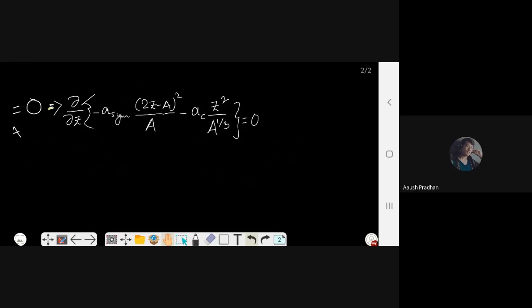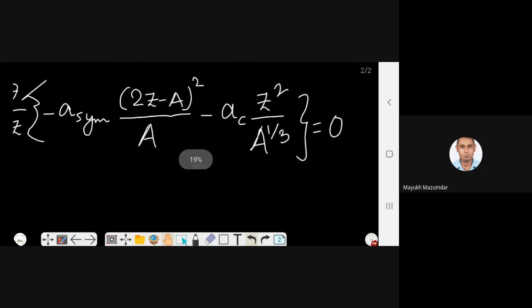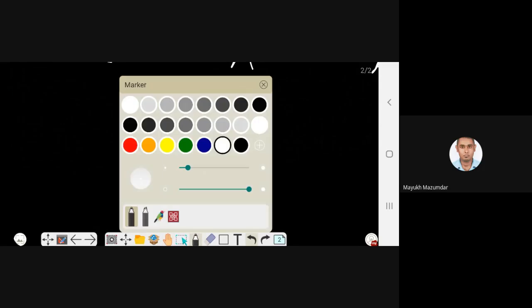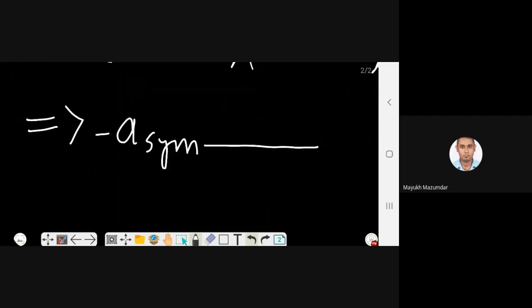Yes, sir. Now it's a bit cumbersome because there are many other factors which you can't simply put to zero. You have to carry all the constant terms also. So the next step would look like this: minus asymmetry, that is an x squared type term, but I'm doing the derivative with respect to Z. So n times x to the power n minus 1.